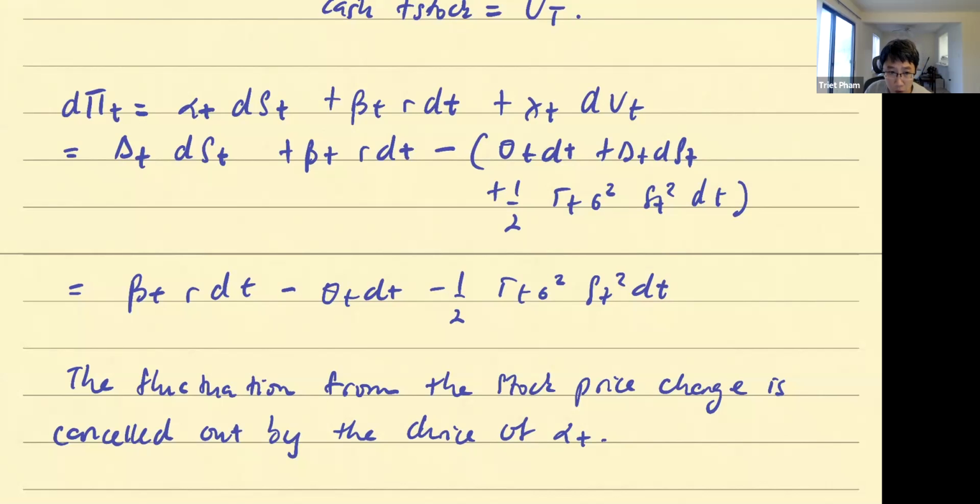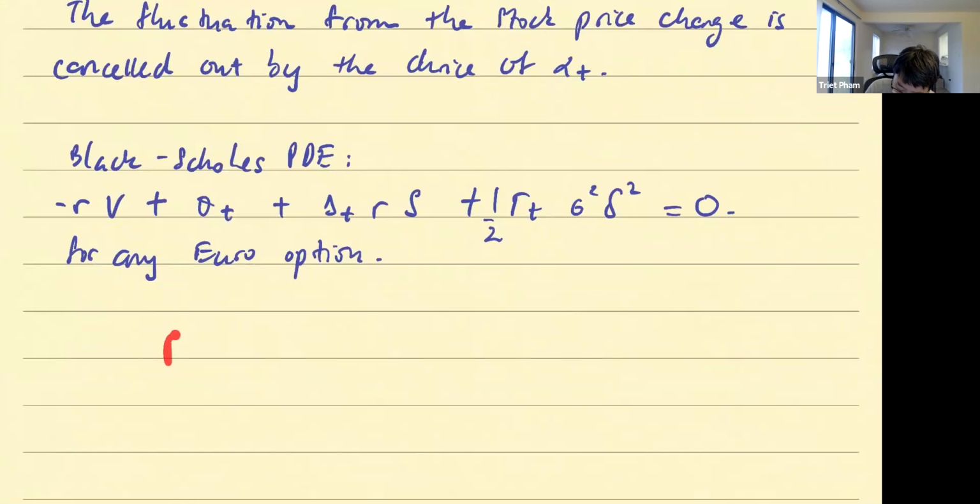Exactly. So we choose to balance the portfolio. In other words, beta T is automatically chosen because alpha T times ST plus beta T will be the total portfolio value. Sorry, I missed something.